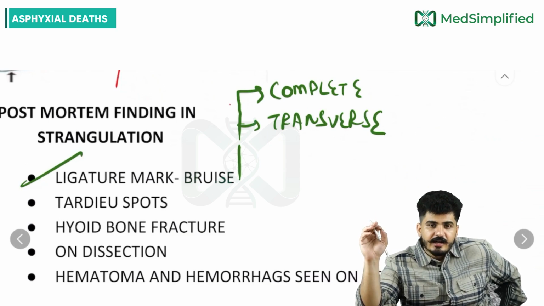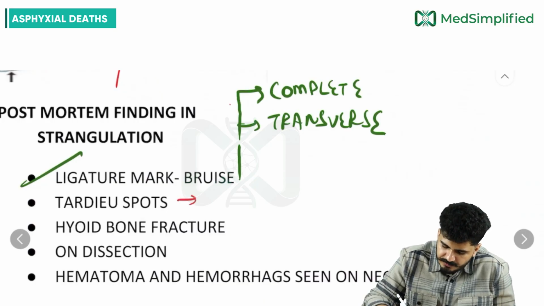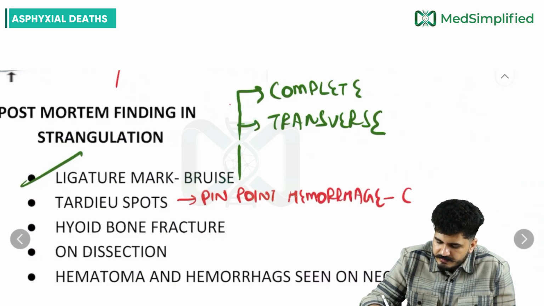Plus, Tardieu spots are seen. What are Tardieu spots? We have seen already. Tardieu spots are pinpoint hemorrhages occurring in the conjunctiva.